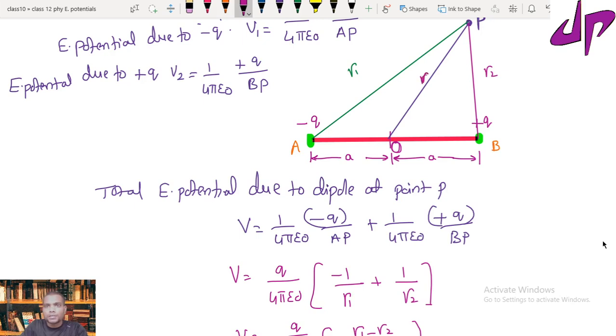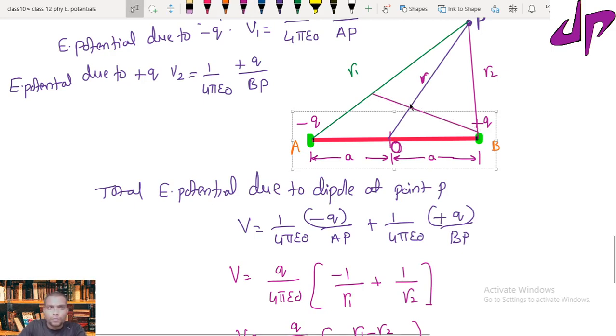The point P is at a location of r. To find the value R1 minus R2, suppose I make a small change in the figure, if I draw a line there.